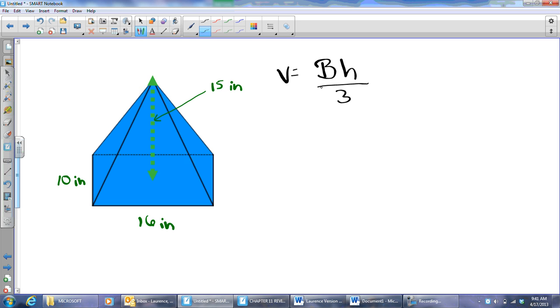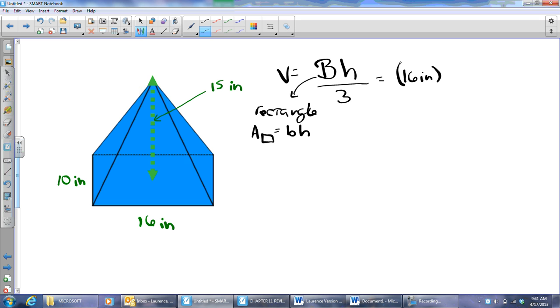Okay, now in this case, I know capital B is a rectangle. And I know to find the area of a rectangle, I like to use the base of the rectangle times the height of the rectangle. So the base of the rectangle could be 16 inches.